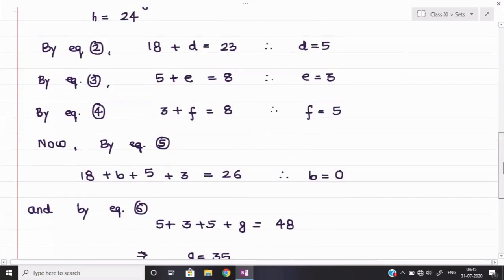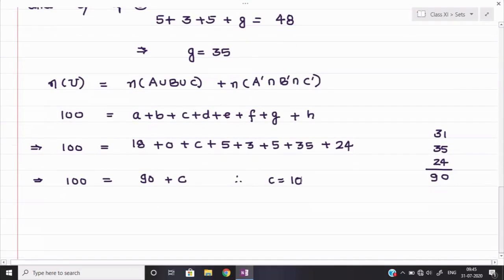So now let us start part number 1. In the first part we will write the number of students studying Hindi. So what letters have we taken there?